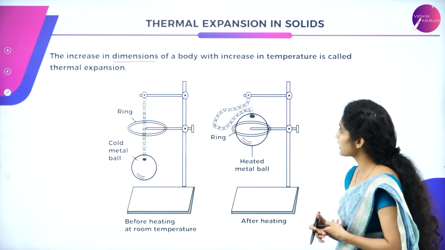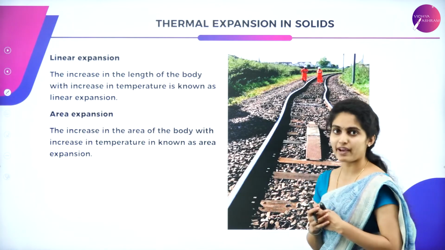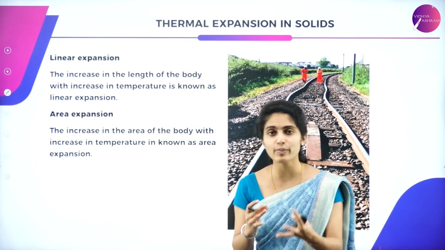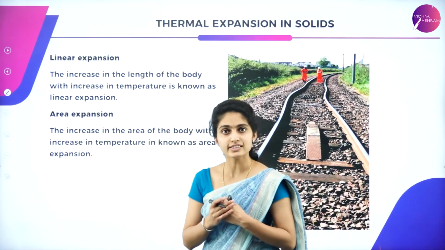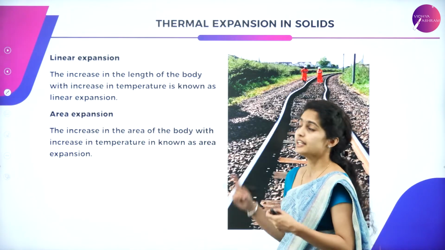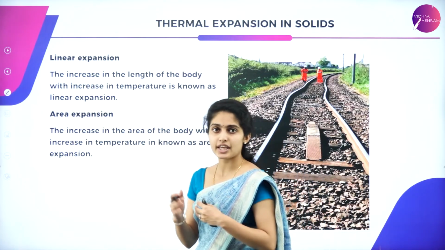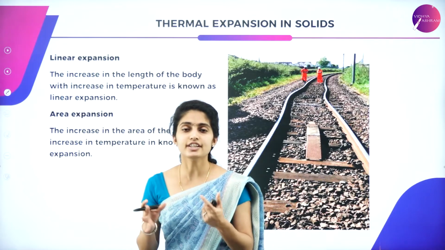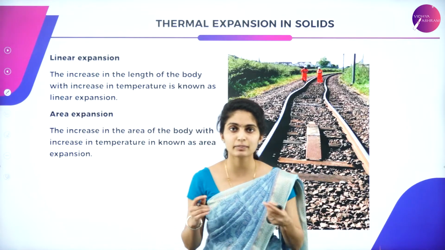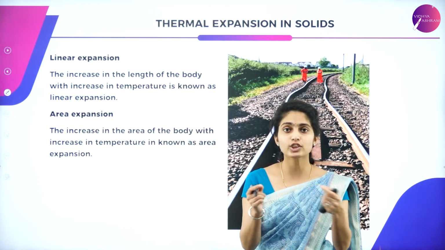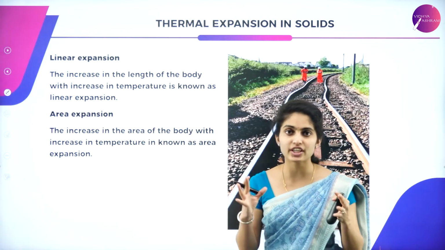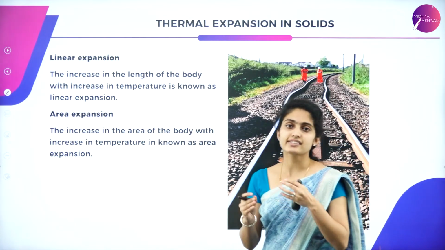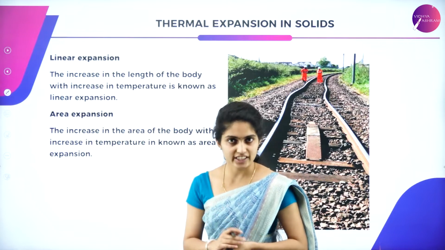So here let us study thermal expansion in solids. The components of thermal expansion of solids are linear expansion and area expansion. What is meant by linear? Linear means it is a line, that means it is length. So lengthwise, if there is a change in a solid, then it is said to be linear expansion.